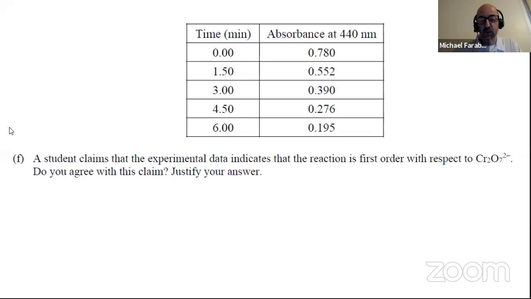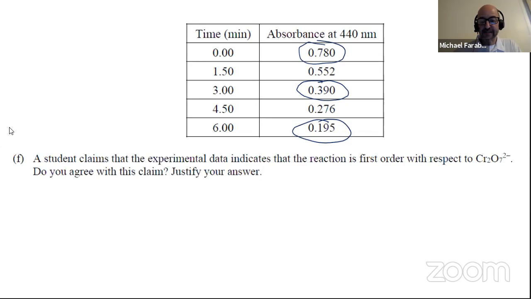Now, there are 2 ways to approach this. One has to do with the half-life. So 0.78 is our absorbance, which is representative of our concentration at time 0. After 3 minutes, the absorbance is reduced by half. After another 3 minutes, the absorbance is reduced by half again.